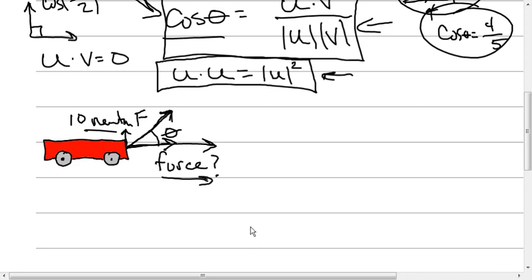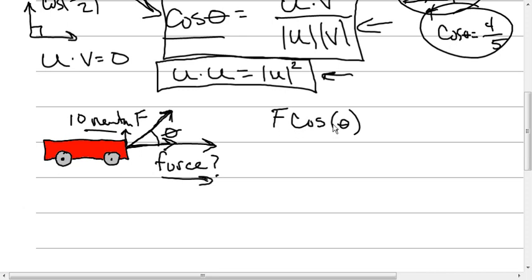And we came up with a solution before, and what we said was that force times cosine of theta is going to be equal to the force that's applied to move the cart forward.